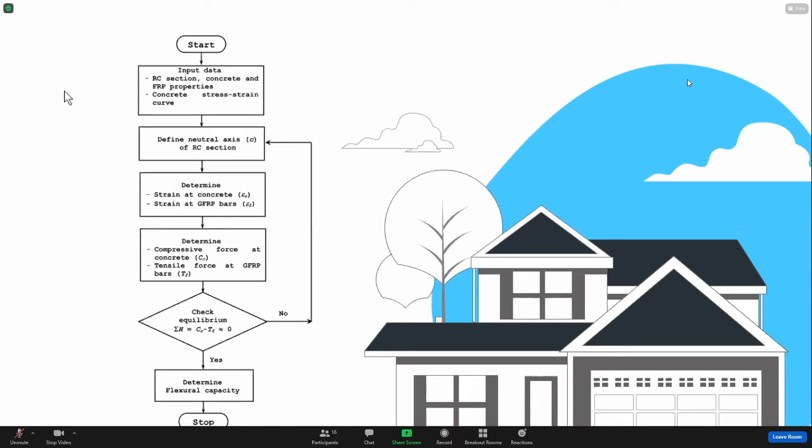The analytical procedure begins by assuming the location of the neutral axis, or c, of the reinforced concrete beam, as seen in figure 1. The section and material properties for both concrete and the GFRP bars are the first input, and then both strains at the concrete and GFRP bars, as seen in figure 2, are calculated based on the assumed neutral axis location.